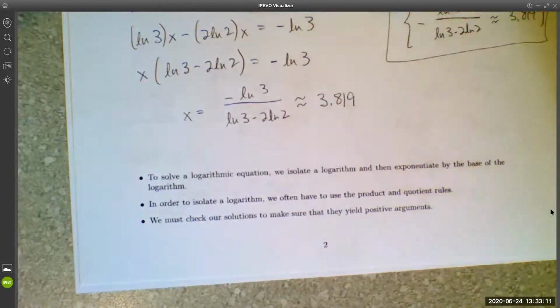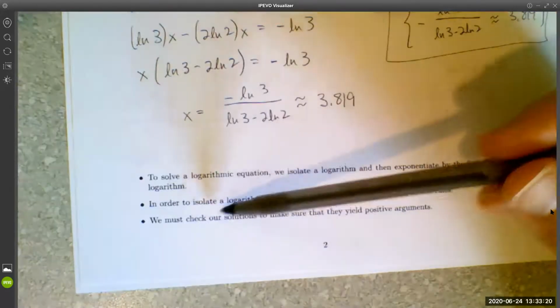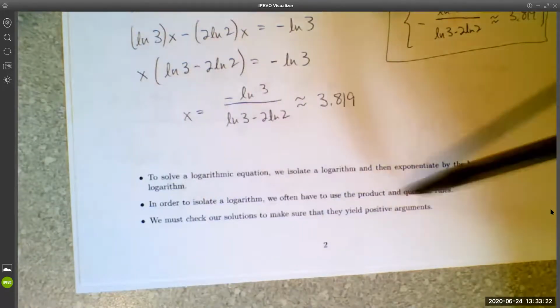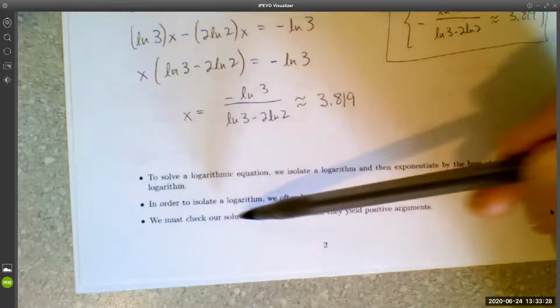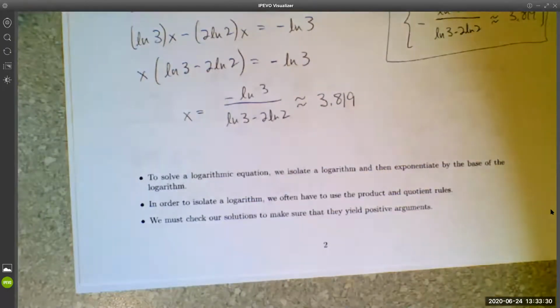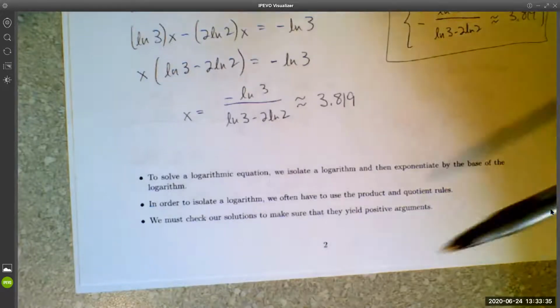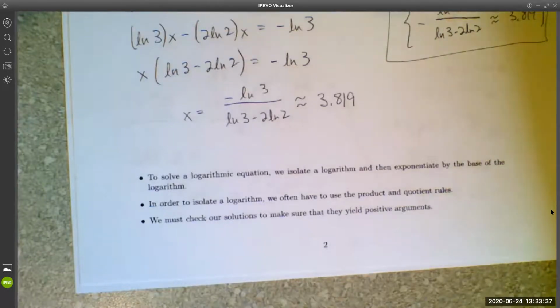And then the other thing that we have to check for when we're solving logarithmic equations that we didn't have to do when we were solving exponential equations is that we have to check our solutions to make sure that they yield positive arguments. Remember that the argument of a logarithm has to be a positive number. So we need to check our solutions to make sure that the arguments are positive. And if they make a negative argument or a zero argument appear, then we're going to kick them out of our solution set.